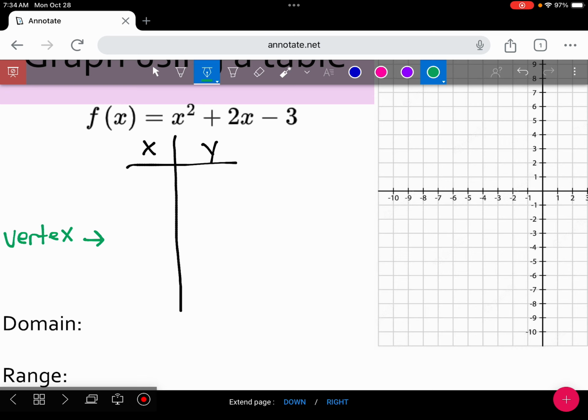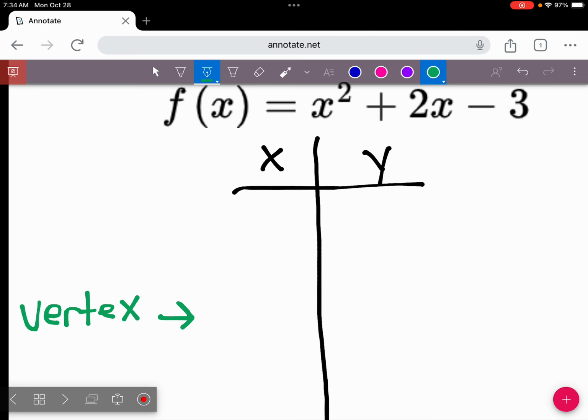To figure out where my vertex is in the middle, I'm going to find that axis of symmetry. So our axis of symmetry, which I will often write as AOS because I will spell symmetry wrong. That's when we use our x equals the opposite of b over 2a.